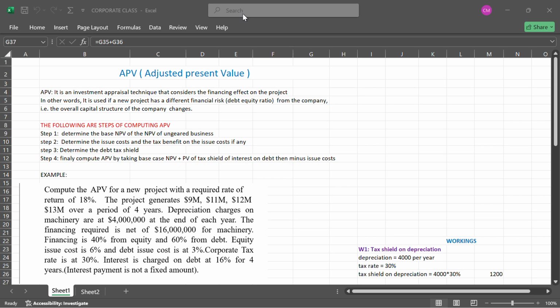Many people are familiar with appraising their investment to see if it is viable using net present value. It means that they account their investment as if it is financed by equity owners only. But adjusted present value is an investment appraisal technique that considers the financing effect on the project.